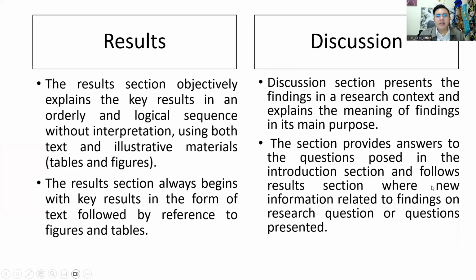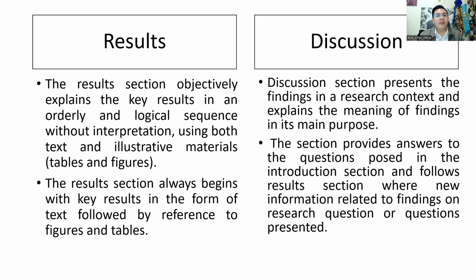The results section objectively explains the key results in an orderly and logical sequence without interpretation, using both the text and illustrative materials, whether tables and figures. The results section always begins with the key results in the form of text, followed by reference to figures and tables.